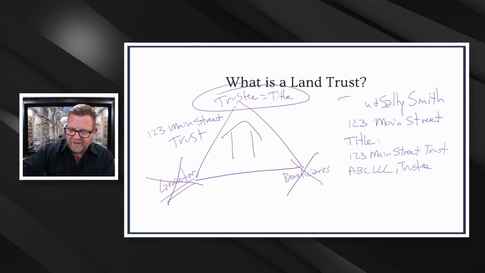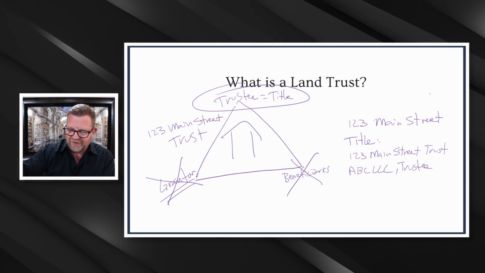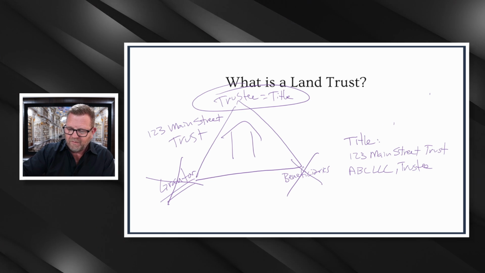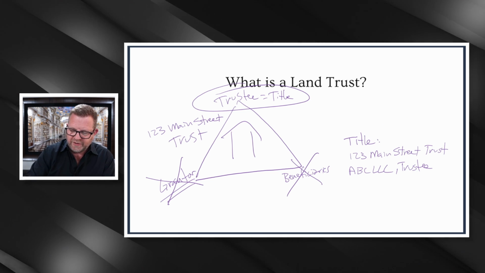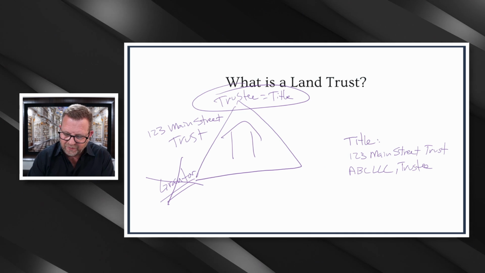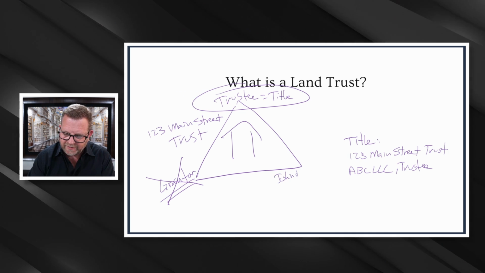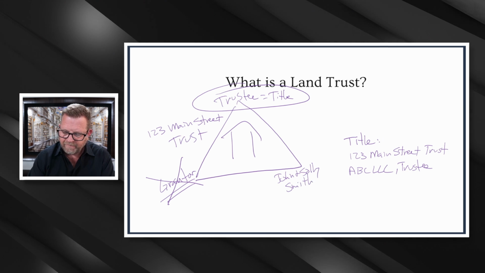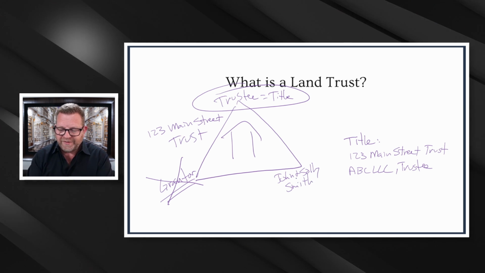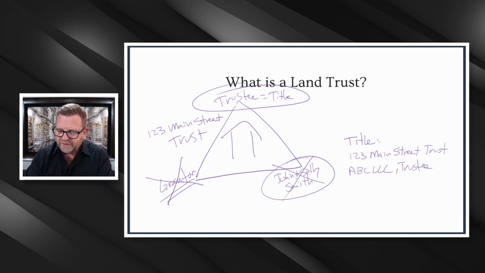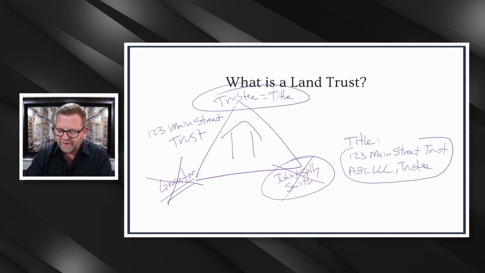John and Sally Smith are still the beneficiaries of that trust, but I'm going to put them over here so that we're not just Xing them out. But nobody sees them in the public record. All we see on title is this.